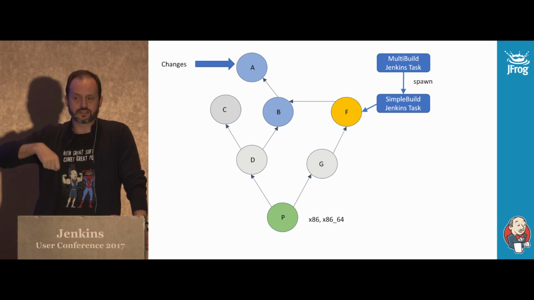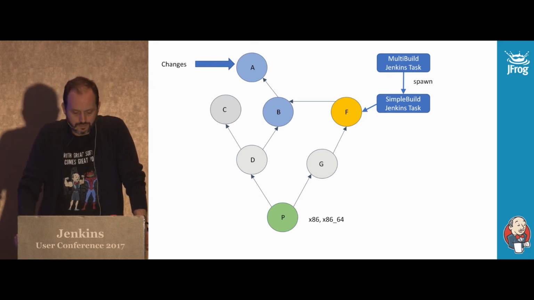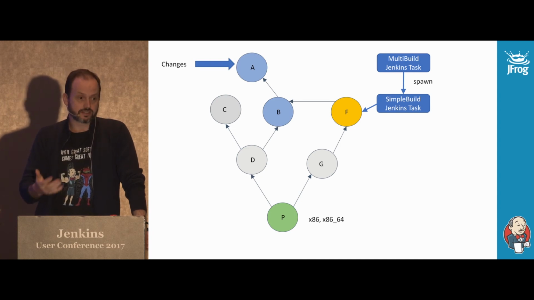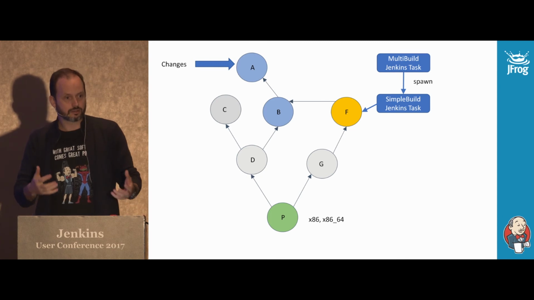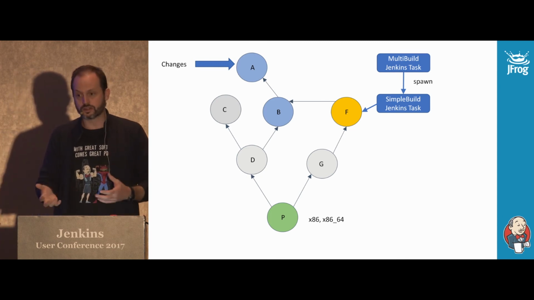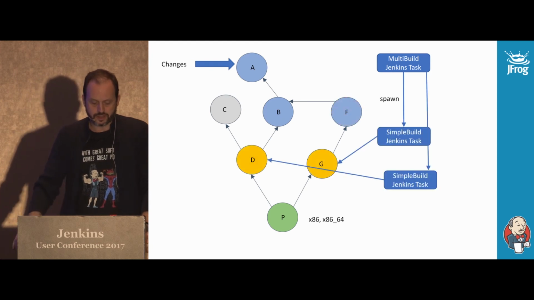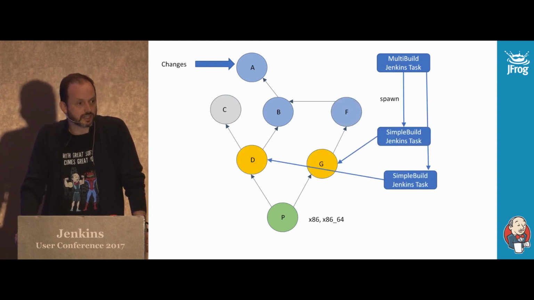The dependency graph is longer. So we are trying to build those first. Let's say fail fast. If something is going to fail, we are optimizing the likelihood of failure sooner than in the other way. So in this case, we are building first F, and then we can build D and G in parallel.